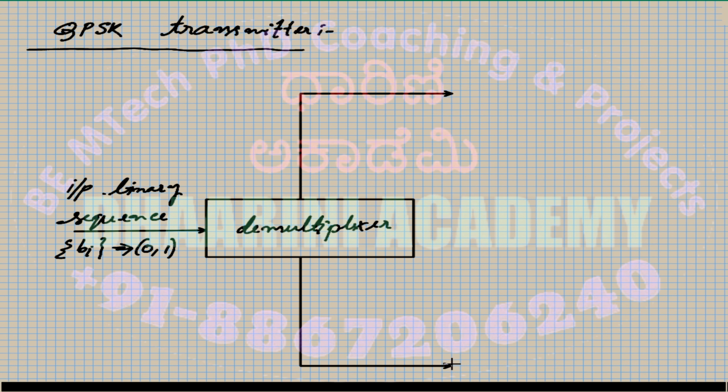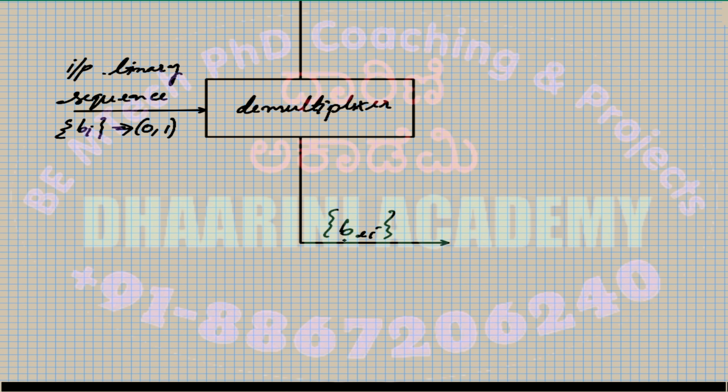The top channel carries the symbols denoted by b o i, and the bottom one is called b e i, O for odd and E for even, of the inputs. Again, this consists of zeros and ones ultimately, and the bottom part also contains a series of zeros and ones.